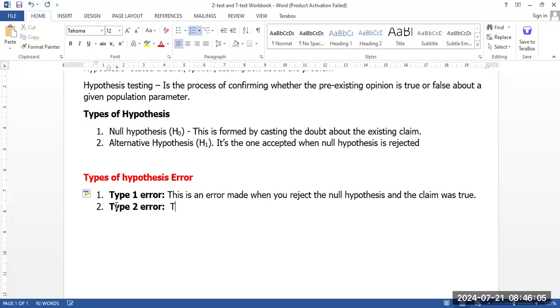This is an error made when you accept the null hypothesis and the claim was false.